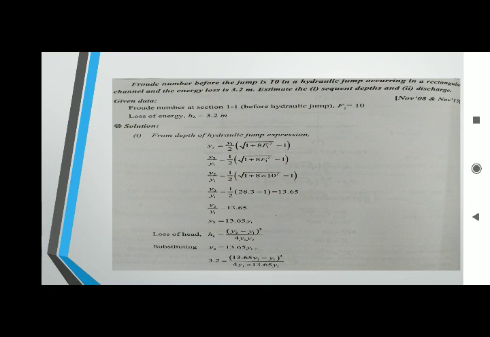Particularly from a civil engineering point of view, the first 3 units are a little more important. Pumps and turbines are also important for us, but if we understand these concepts, this will help in your future subjects like water supply engineering and irrigation engineering.